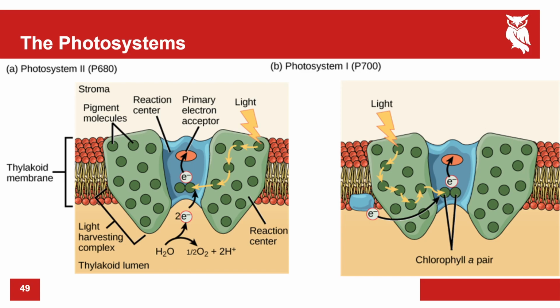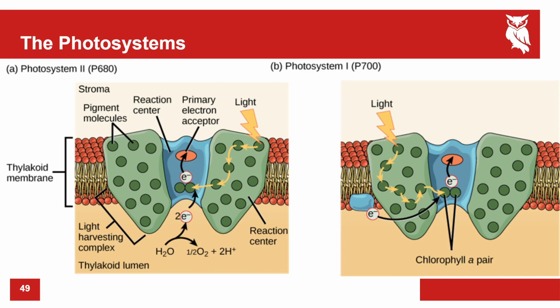This is what the photosystems look like. You've got photosystem 2, where photosynthesis kind of starts when we talk about the light-dependent reactions. Light energy hits some of these accessory pigments, then goes to chlorophyll, causing the electron to be energized and go down the electron transport chain.